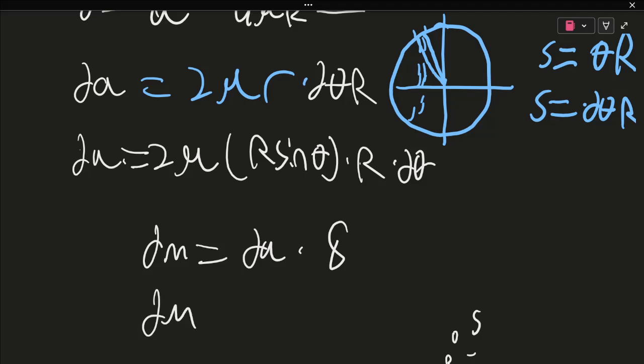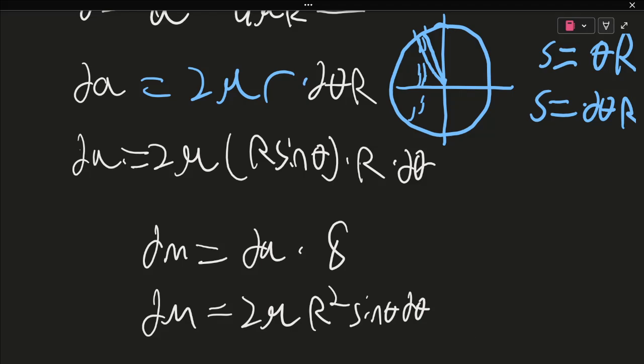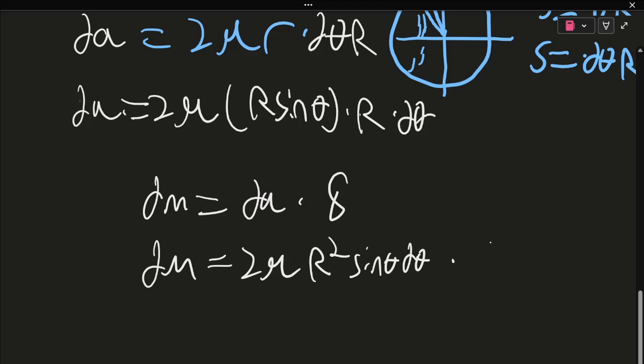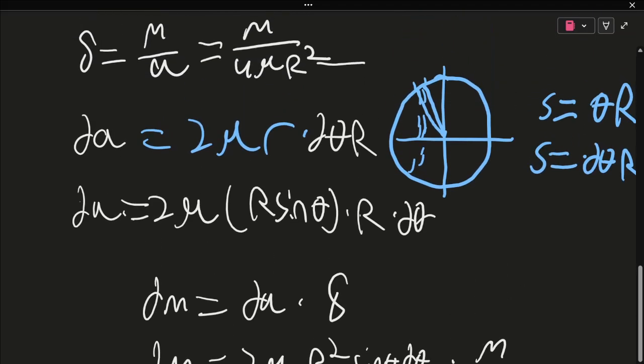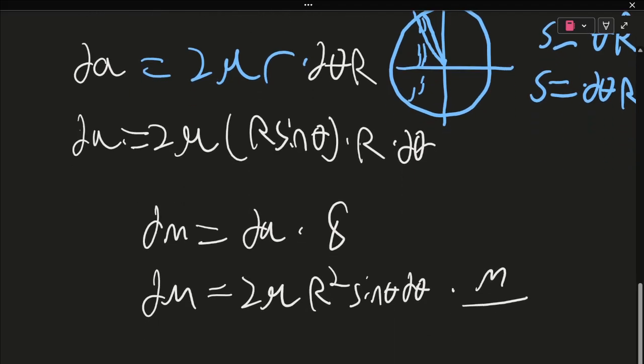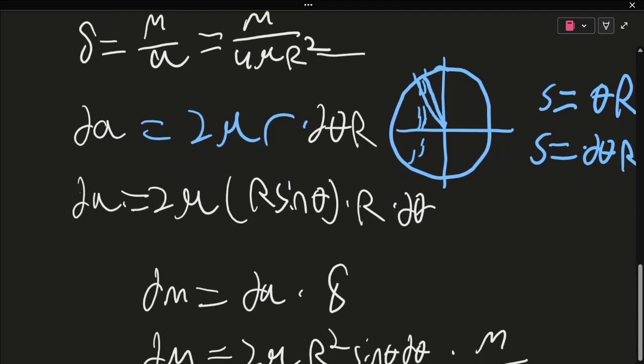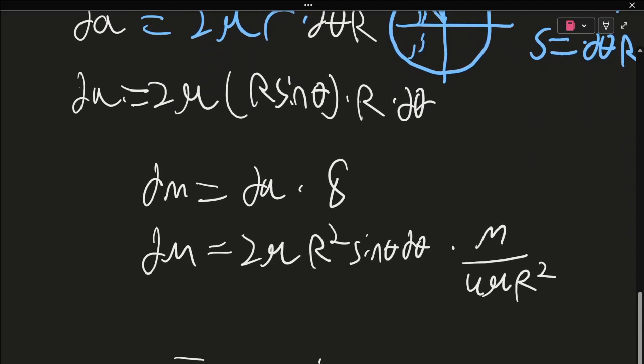So dm is equal to 2 pi, and then we're going to combine like terms, r squared sine of theta d theta multiplied by mass over 4 pi r squared. And we're going to cancel out terms again.